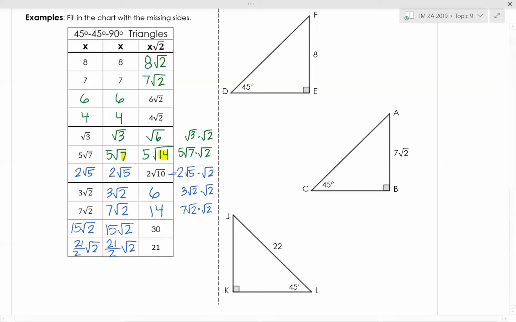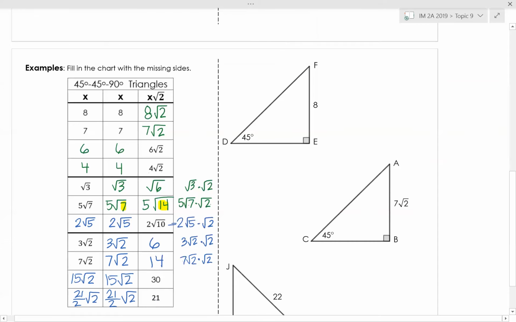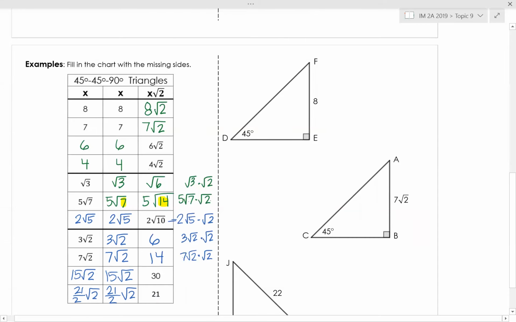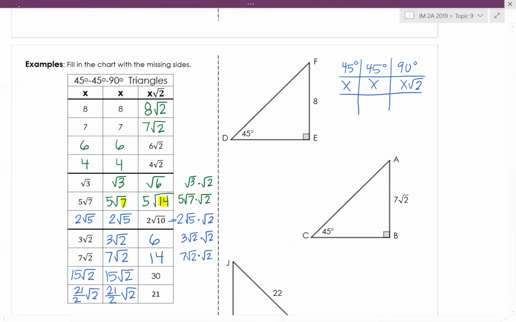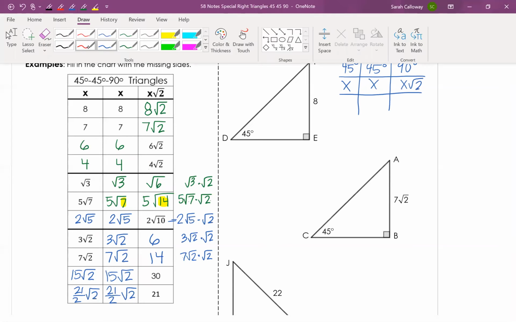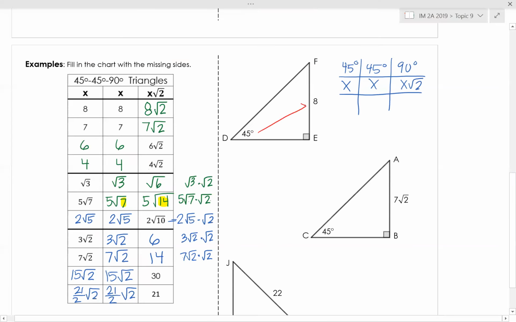Okay, so for these last three, we've got a triangle. So we're going to create the table ourselves. When we do this, we're going to draw a table so that we have our 45 degree, 45 degree, 90 degree angles so that we can find our x, and our x root 2. So if I look at my triangle, this 45 is 8.